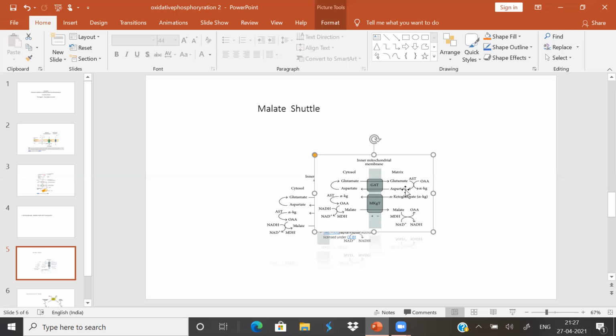This oxaloacetate is converted to malate, and malate again enters the mitochondrial matrix through the transporter, continuing the shuttle mechanism. So the NADH that comes from the cytosol enters into the mitochondrial matrix through this malate shuttle.